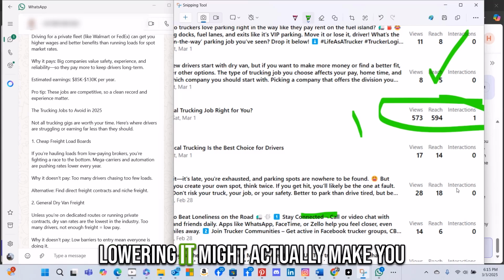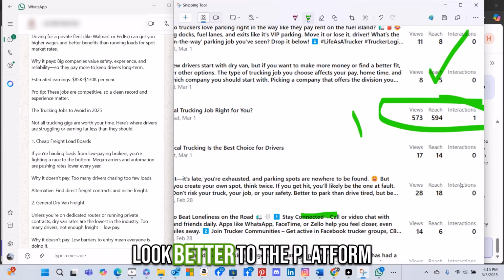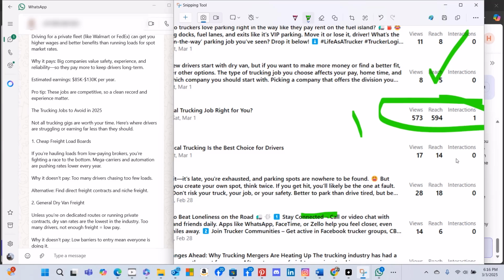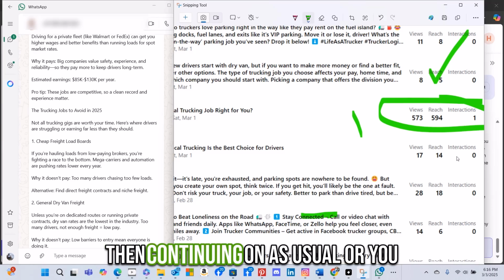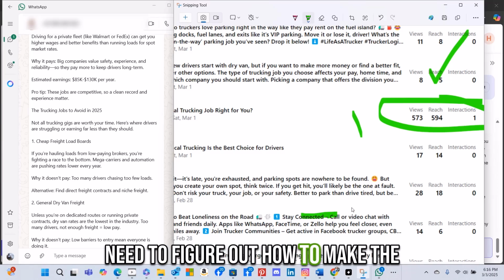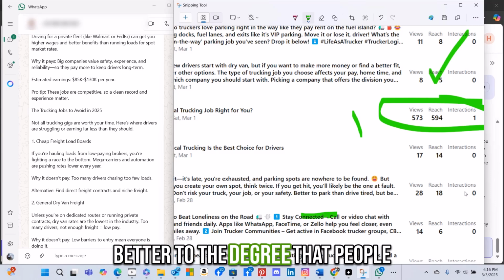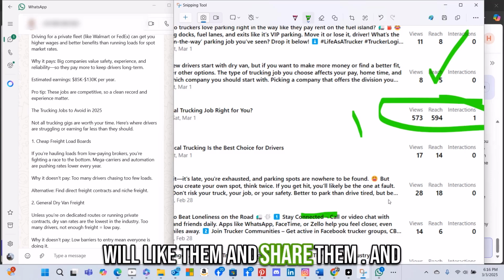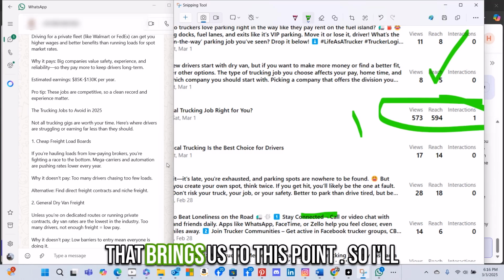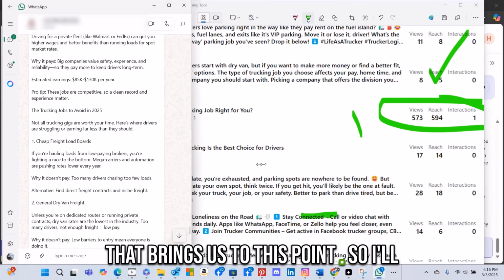So lowering it might actually make you look better to the platform than continuing on as usual. Or you need to figure out how to make the articles better to the degree that people will like them and share them. And that brings us to this point.